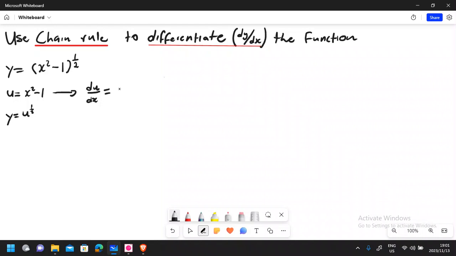let me just write it here. It's going to be 2, then we have x to the power of 2 minus 1. Remember, this is from this formula here.